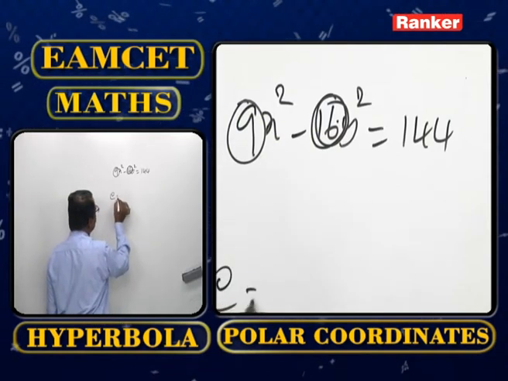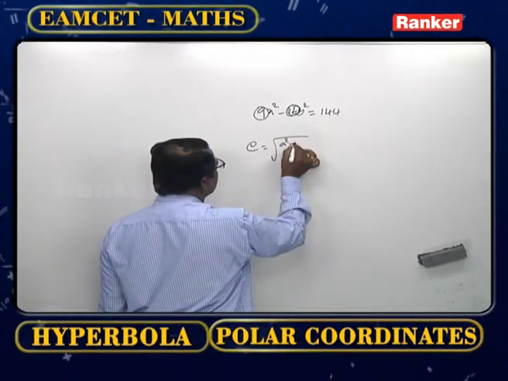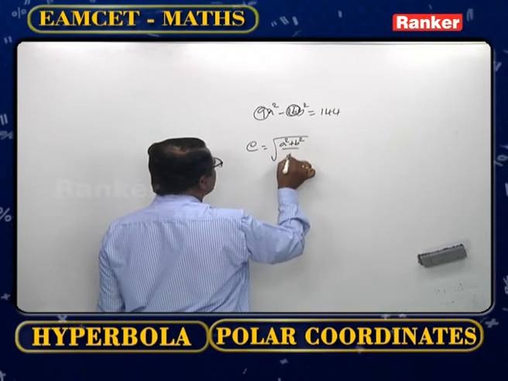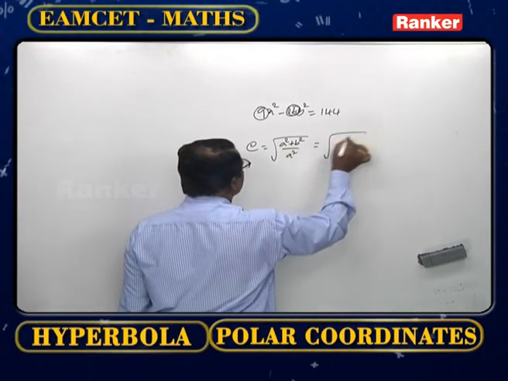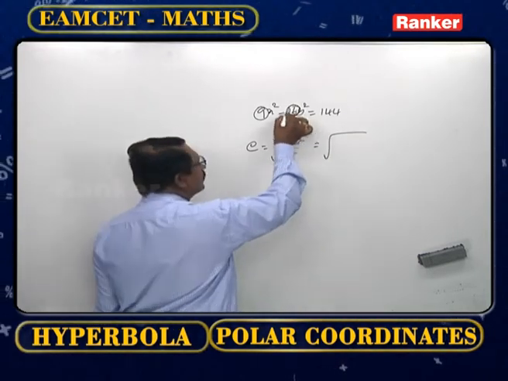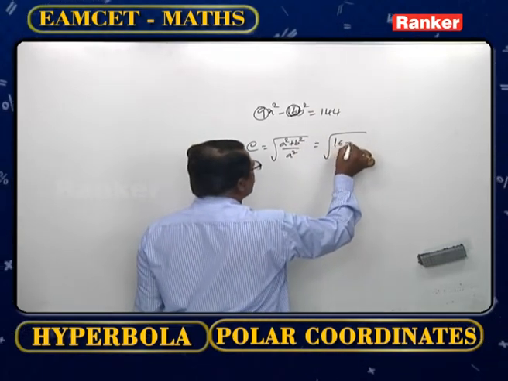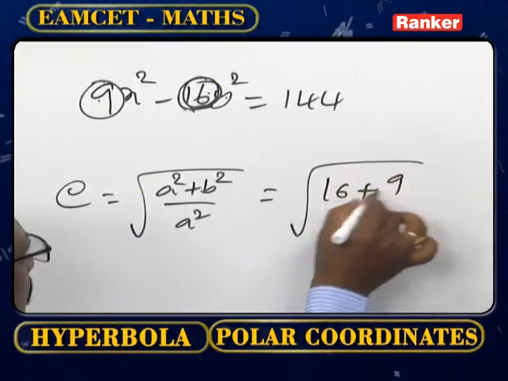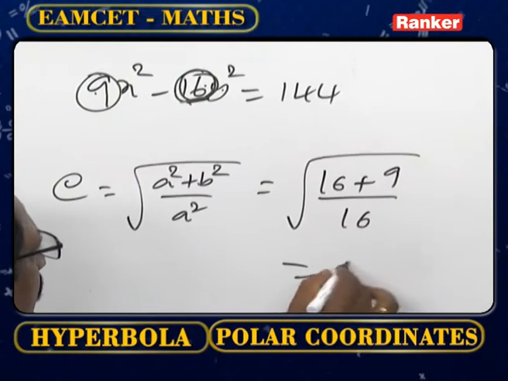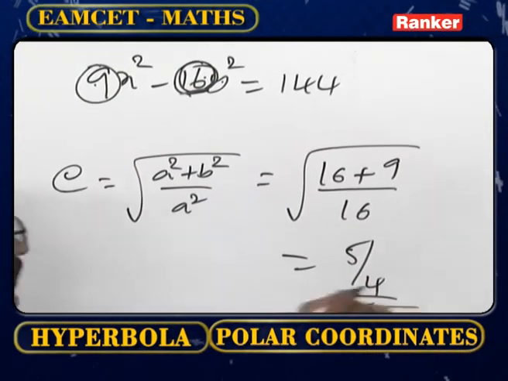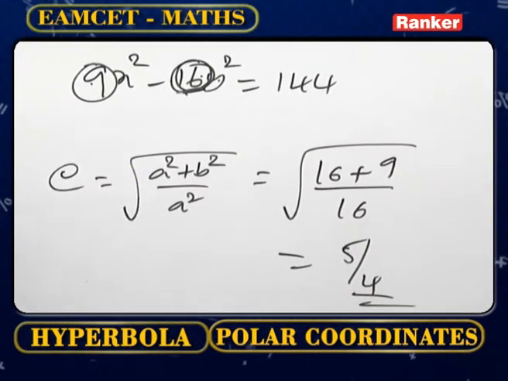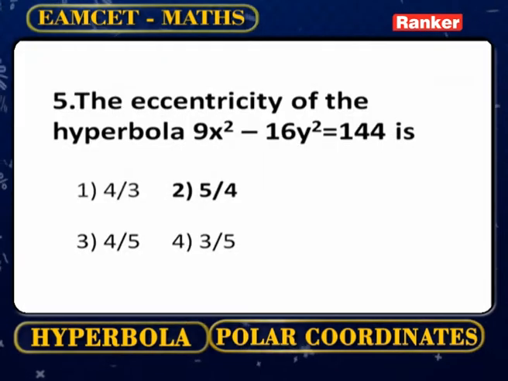Now e equals square root of a square plus b square by a square, that equals square root of 25 by 16, where a square is 16 and b square is 9. That equals 5 by 4. The eccentricity of the given hyperbola is 5 by 4, the second option.